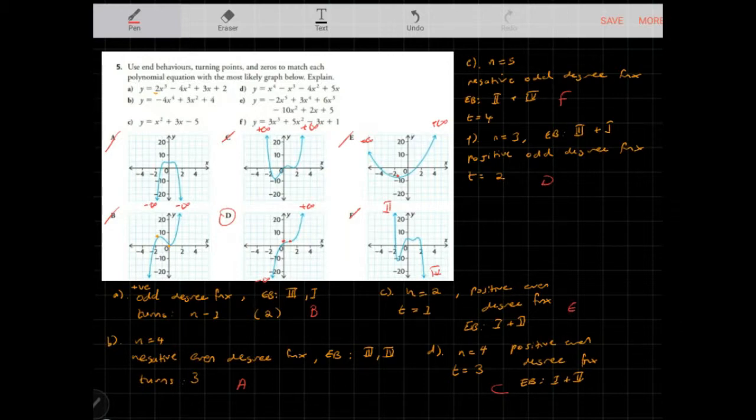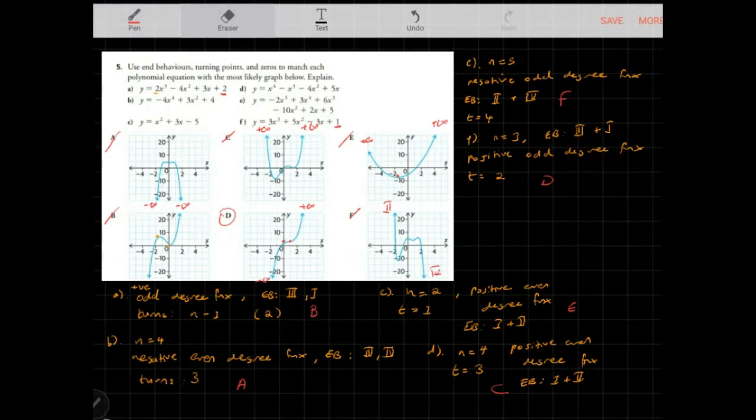Yeah, to be honest, I would probably switch these two, B and D, just because for part A, the point is 0 and 2, and this is 0 and 1, right? So it looks like this was lower down than this guy, right? It's kind of hard to tell. You need a more refined sketch, right?